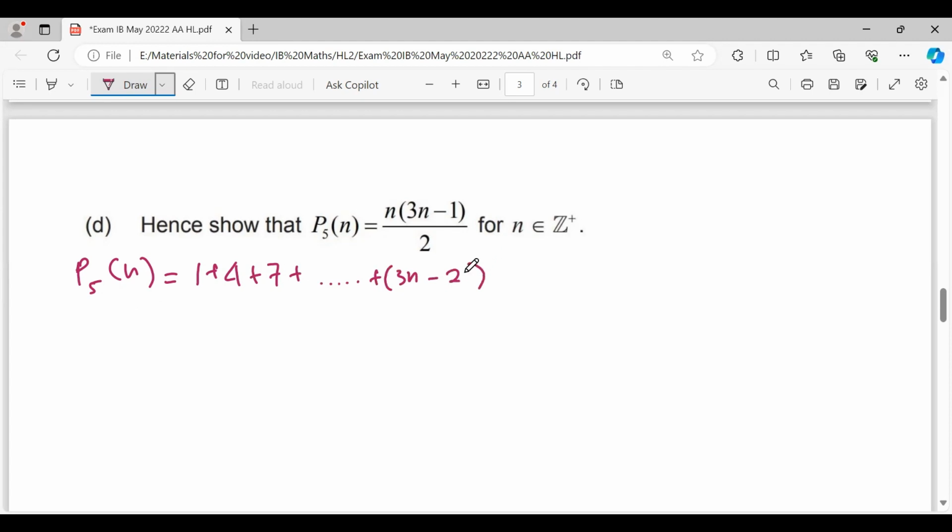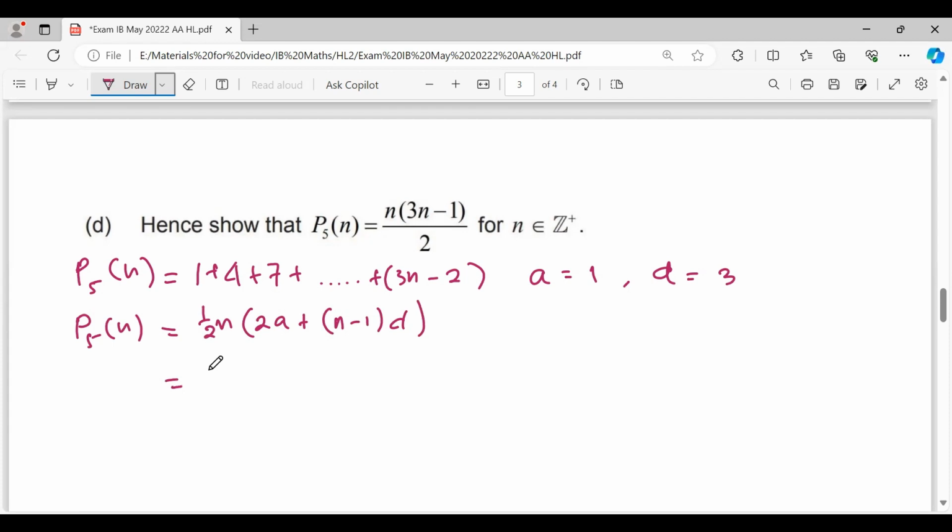So it means a equals 1 and the common difference is 3. Substitute into this formula for P5n, half n times 2a plus n minus 1 times d.